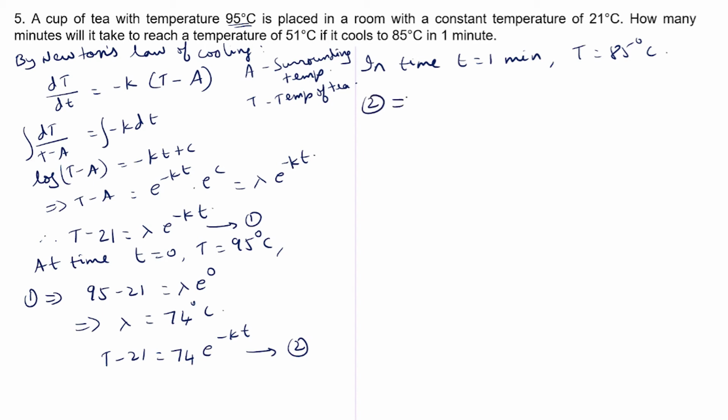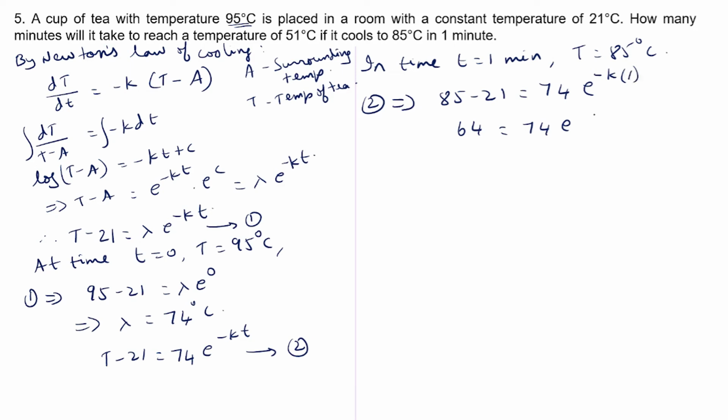So from 2 we have 85 minus 21 is equal to 74 into e raised to minus k into 1. So we have 64 is equal to 74 into e raised to minus k, since t is 1.